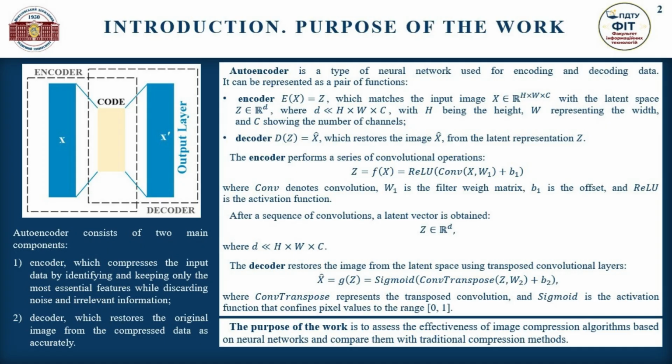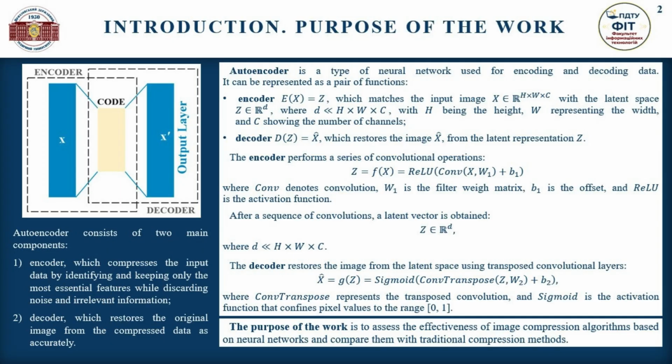The autoencoder model is a complex system of functions that encodes and decodes the input data using neural networks. The model aims to find a latent representation of the data, which would minimize information loss during the image restoration process. An autoencoder can be represented as a pair of functions: encoder, decoder.